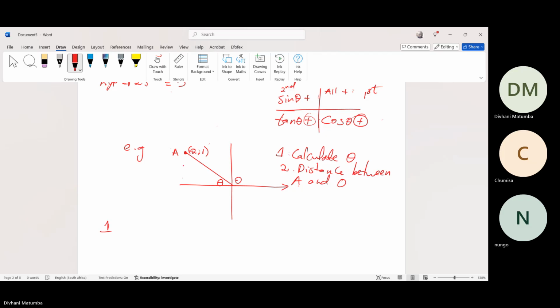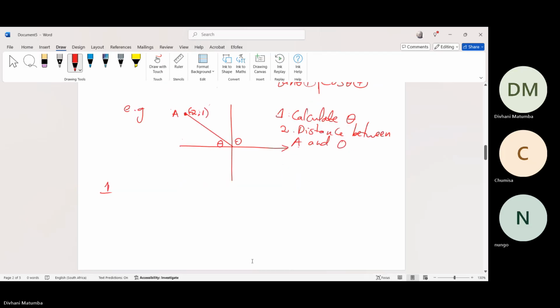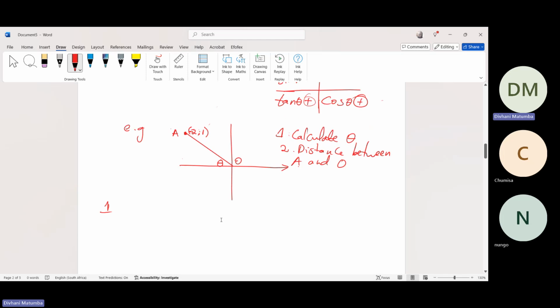Which co-ratio should we use? Sine, cos, or tan? Is it sine?